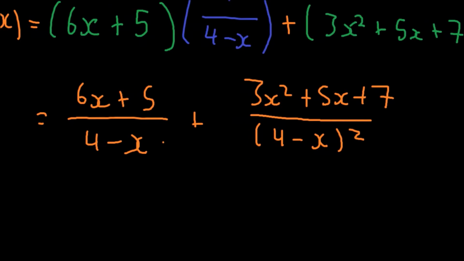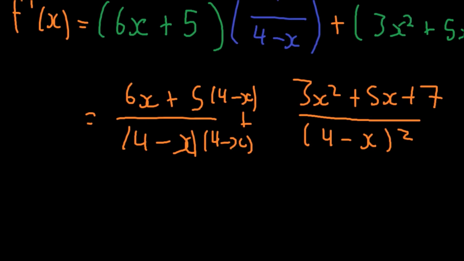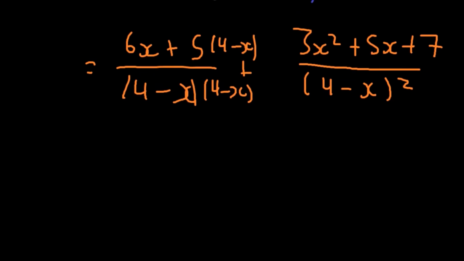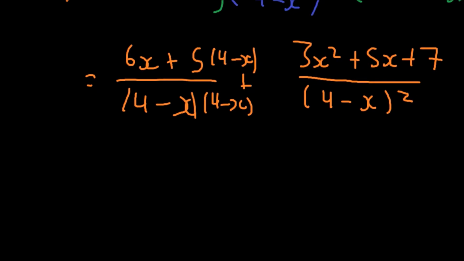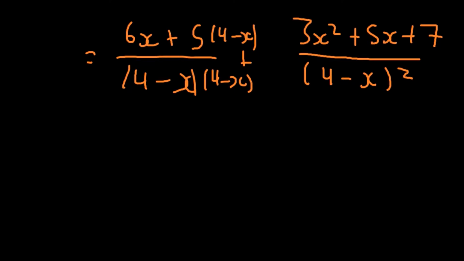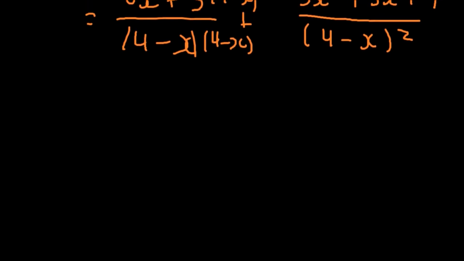We have to multiply each of these terms down here by a 4 minus x to get it up to 4 minus x squared on the bottom, and then simplify everything out, and it becomes a bit of a long process. It'd be nice if we could simplify things a bit. We could keep simplifying this right now, and we'd eventually get to our answer using just the regular rational rules that we're familiar with.